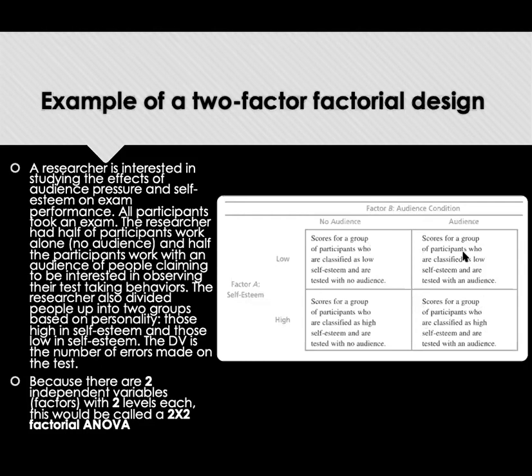So each of these boxes represents a separate independent group of participants, right? We're not going to have participants take an exam twice, once with no audience and once with an audience. That is not what we are doing. Here we're going to have a group of participants that have low self-esteem and are tested one time only on the dependent variable with no audience or with an audience, right? So independent measures, factorial design.